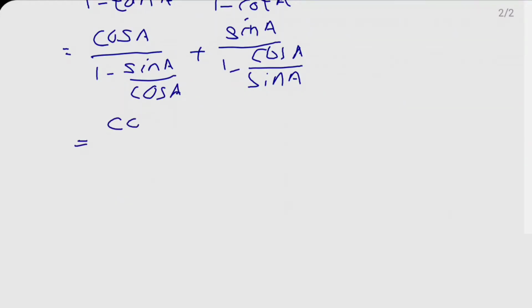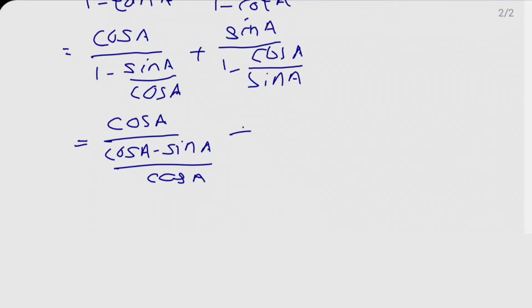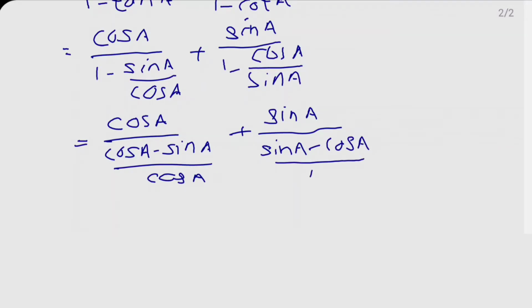So write down here cos A as it is, divided by cos A minus sin A divided by cos A, and plus sin A as it is, divided by, here also take LCM sin A, so it becomes sin A minus cos A divided by sin A.